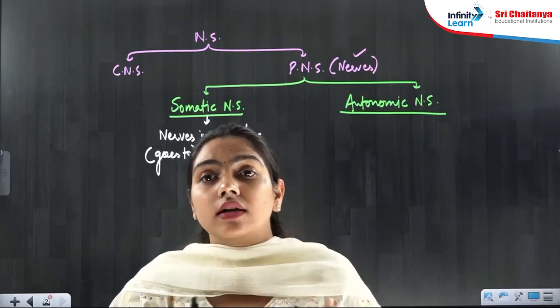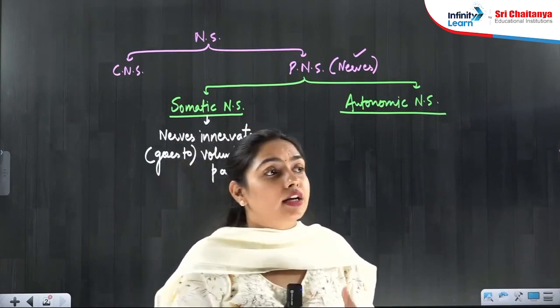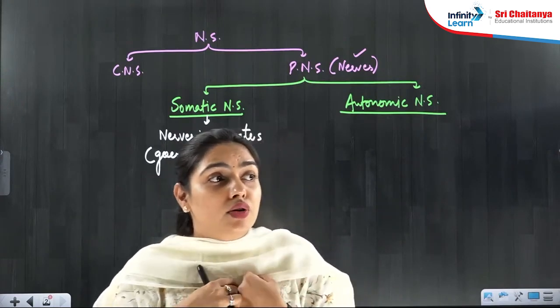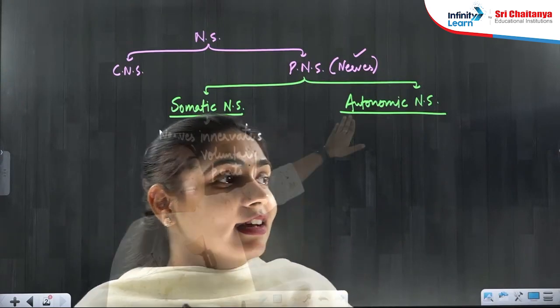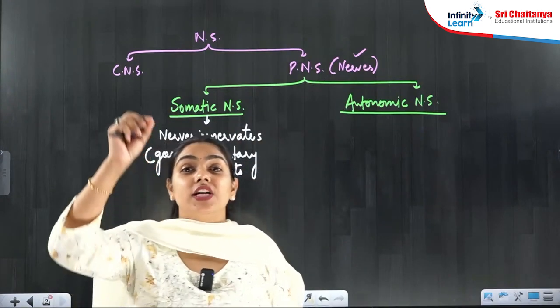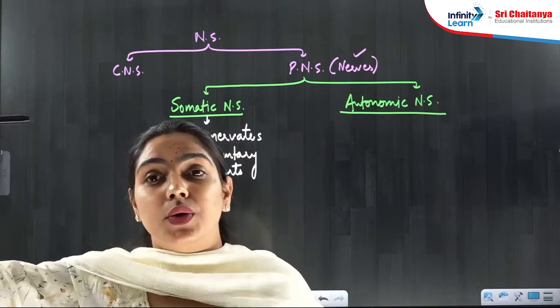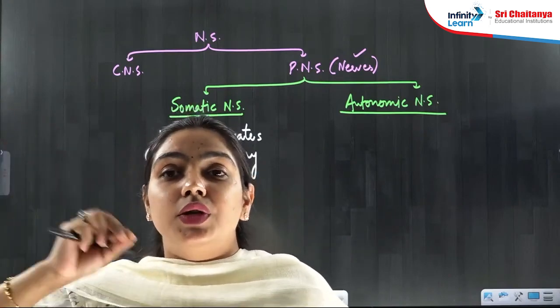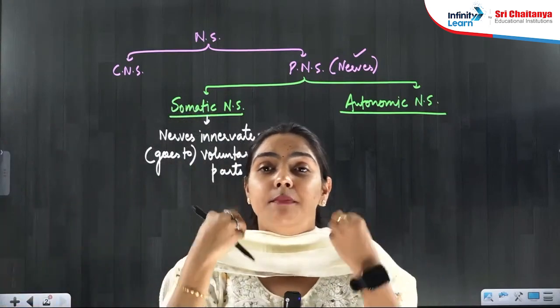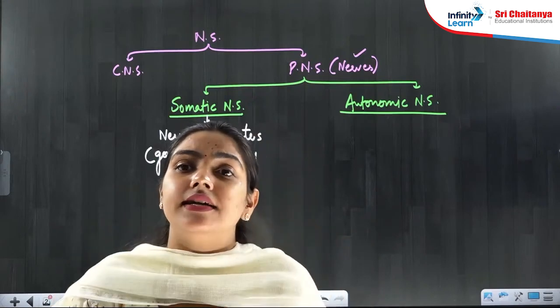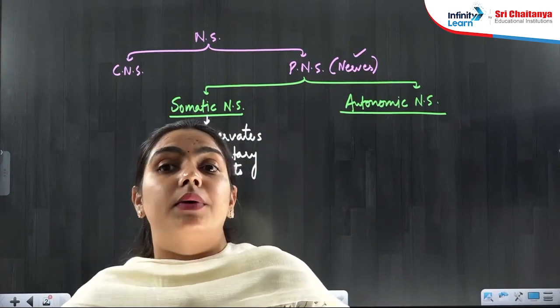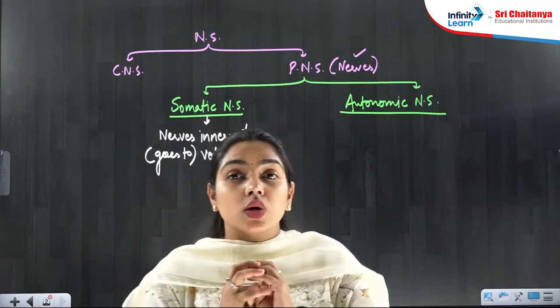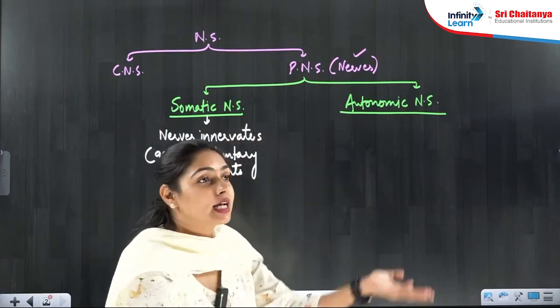So you cannot control your internal organs, beta. You cannot control your heart. So the nerves which are going to heart, stomach, kidney, liver, pancreas, like any internal organ which is not in our control, those nerves form which system?